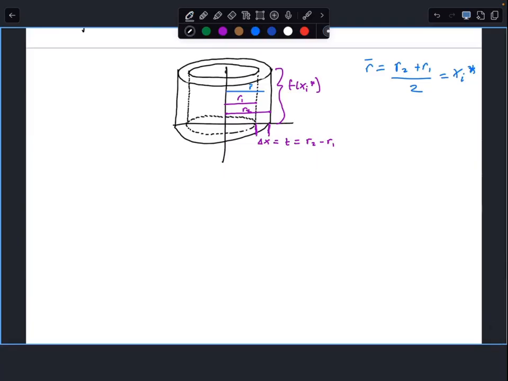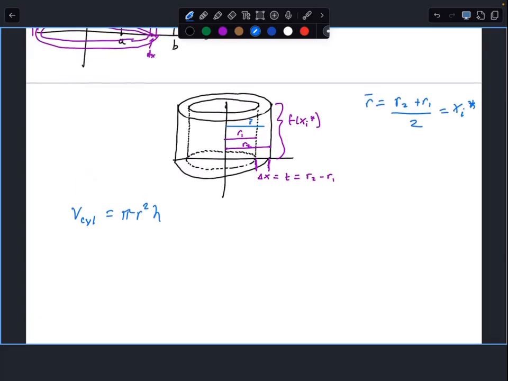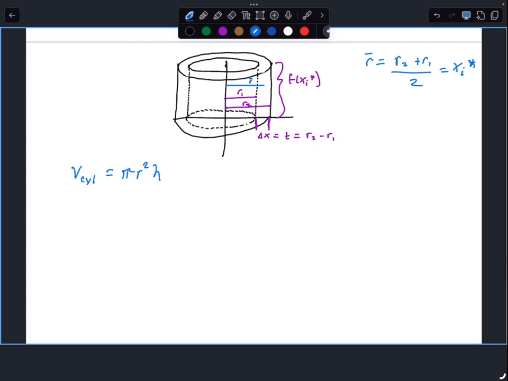So, just as a reminder, the volume, remember we said it's like a cylinder minus a cylinder. The volume of a cylinder is pi r squared times h. So given this formula, the volume of the shell would be equal to the volume of the outer cylinder minus the inner cylinder, which is pi r2 squared times h minus pi r1 squared times h.